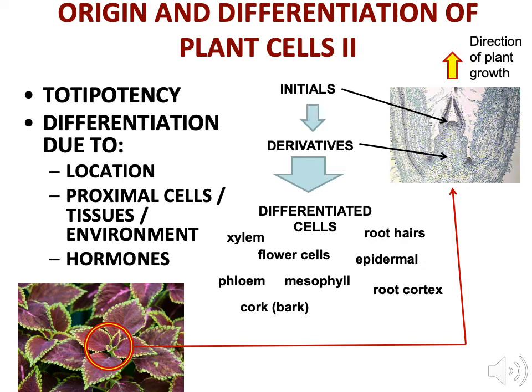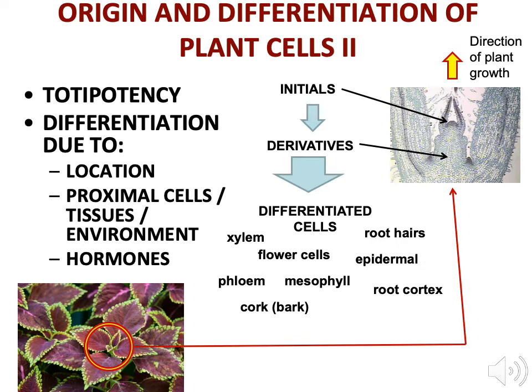Now that's a huge difference compared to animals, because in animals, for example, we'll take human beings. You've heard of stem cells, and you know that stem cells divide. Now, the thing is, the stem cells are limited in terms of what they produce. So we're going to say that stem cells are pluripotent. That's pluri. So it's what we would call pluripotency. What that means is a stem cell can produce a number of different types of derivatives, but it's limited.